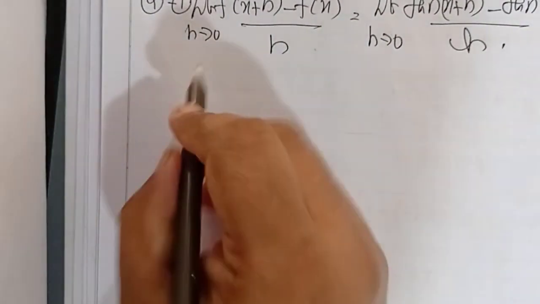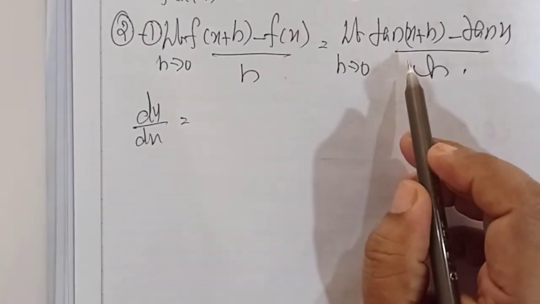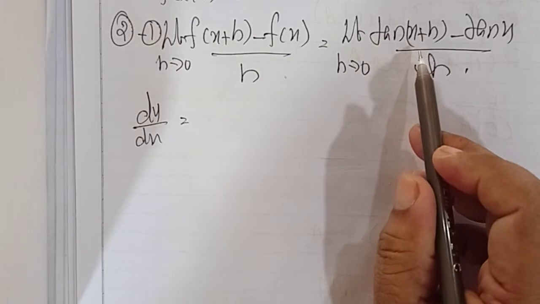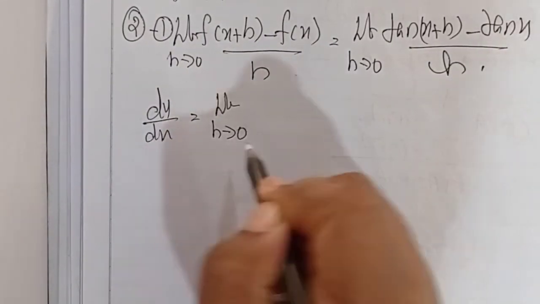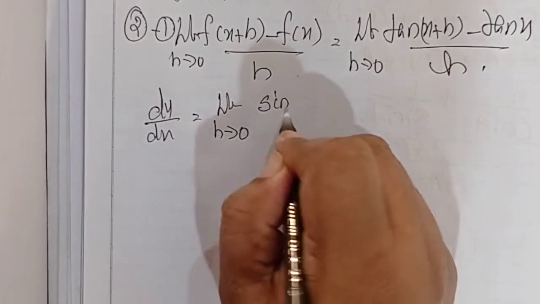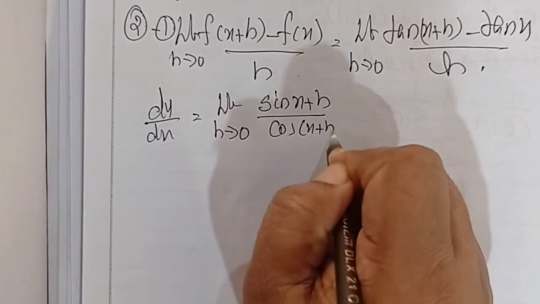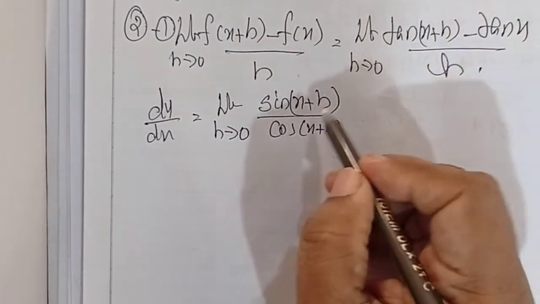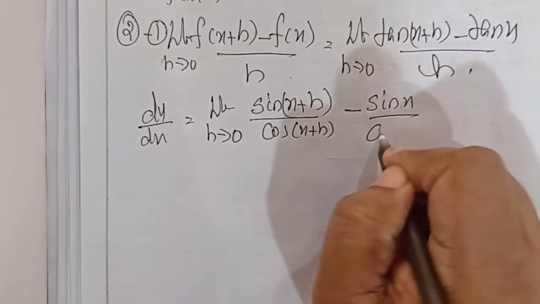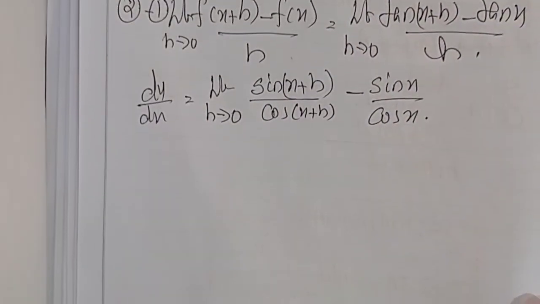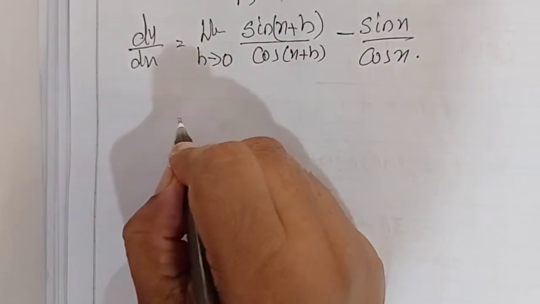But here we can convert, this is dy by dx equal to, tan is sin A by cos A, isn't it? Therefore, we can write the RHS as limit h tends to 0 sin (x plus h) by cos (x plus h) minus sin x by cos x. You know the step? Tan means sin by cos. All of you right. Now here two fractions are there, taking the LCM.